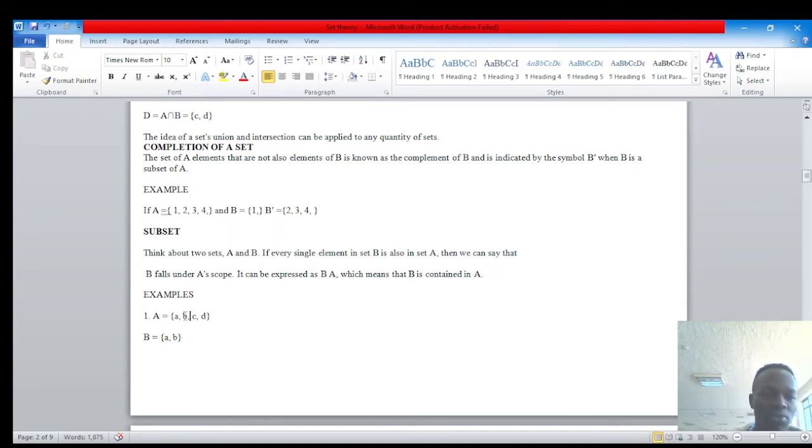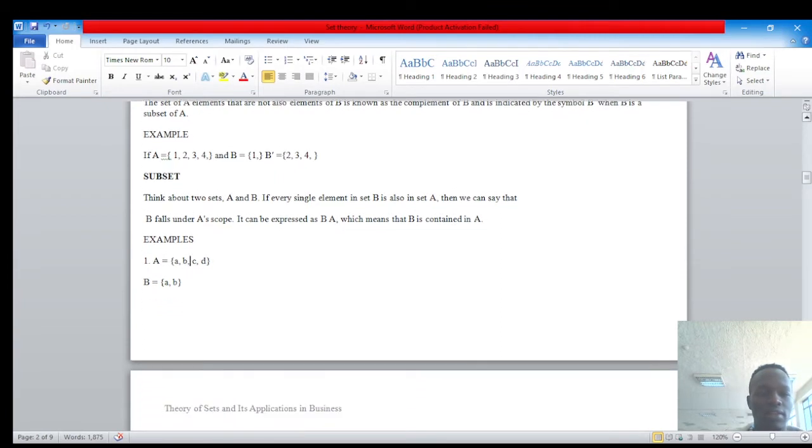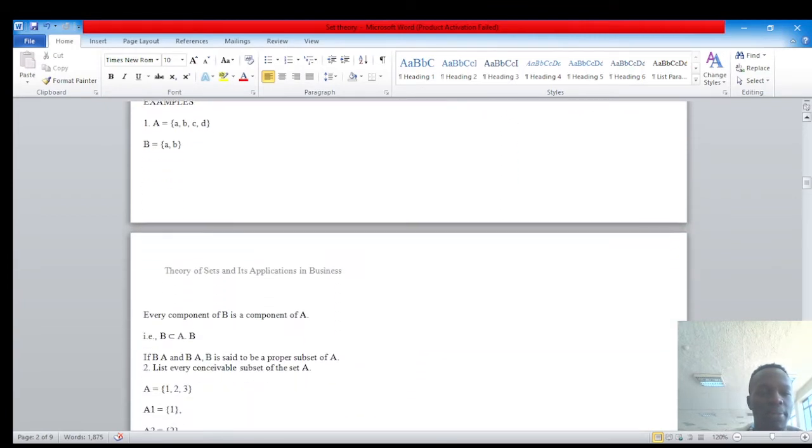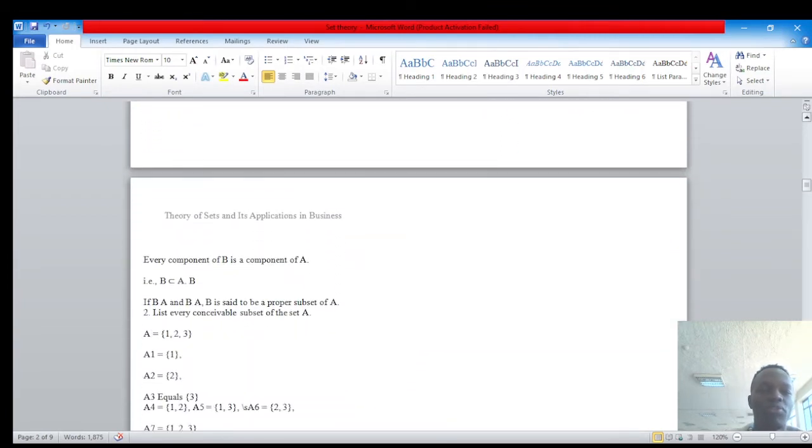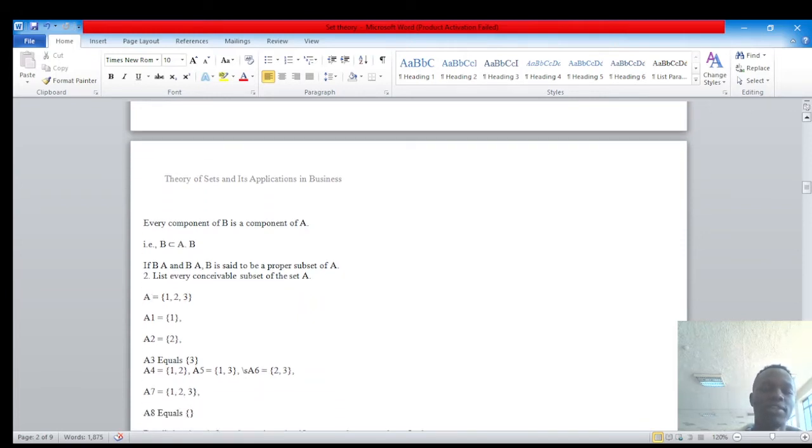So set B will be AB, and another one could have been CD. Simple as such. So every component of B is a component of A, so set B must be contained in set A.